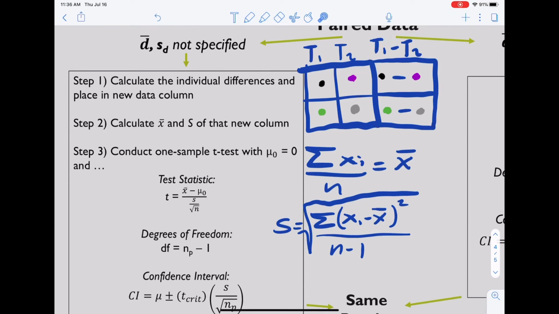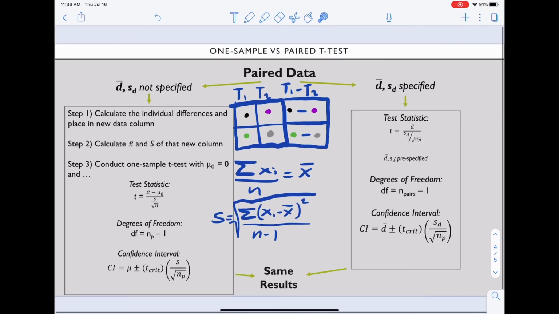Well, I've got the sample mean and the sample standard deviation of this one column. Since over here in the paired t world, our null hypothesis is that the one population is the same as the other population, that means there's no difference between the two. We can also rewrite that as mu1 minus mu2 equals 0.